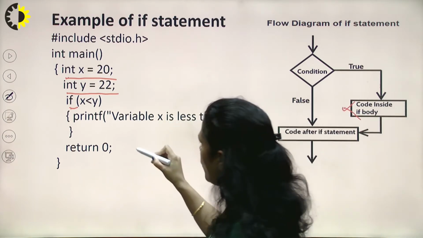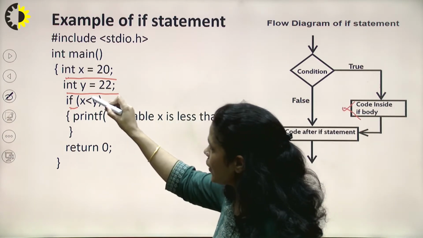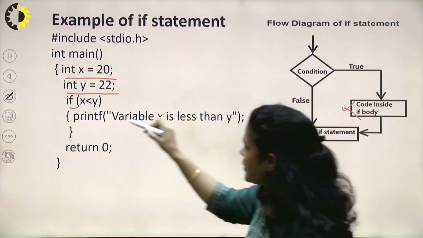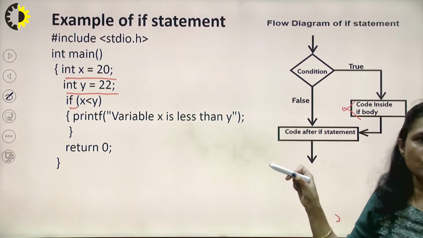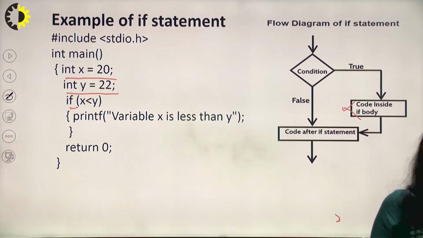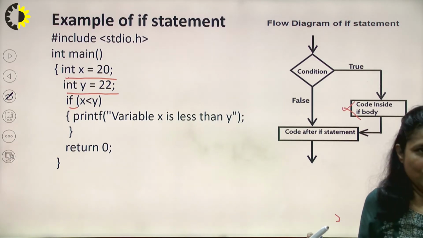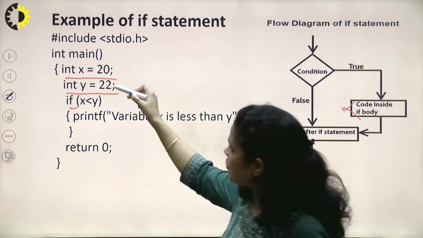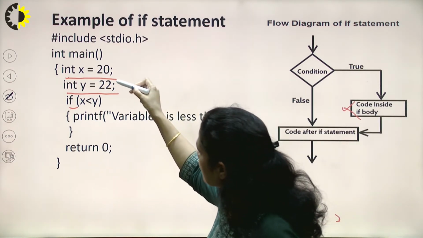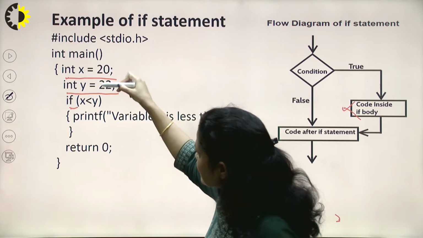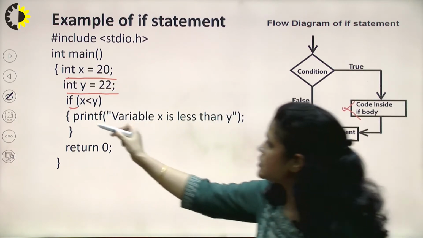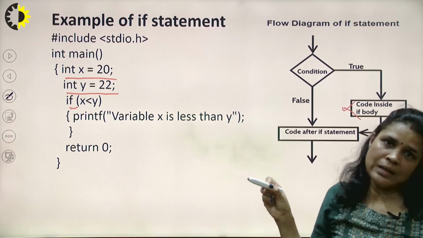As we can see from the example, it is true. So this printf statement will work. What will be printed? Variable x is less than y. We get this result. What will happen if y is less than x? Let's suppose another condition. Then this printf statement will not work in that condition.